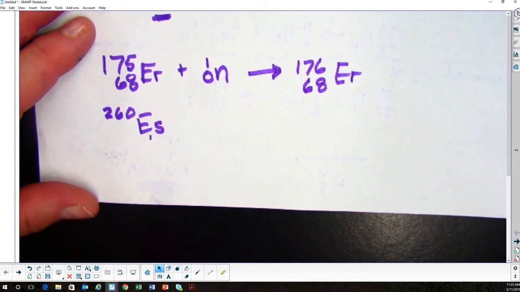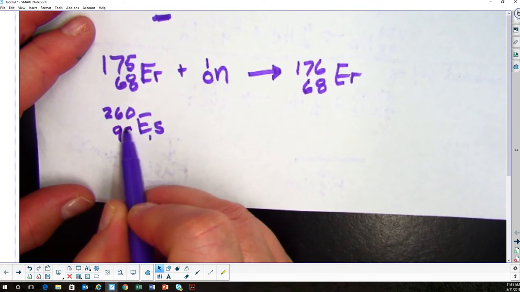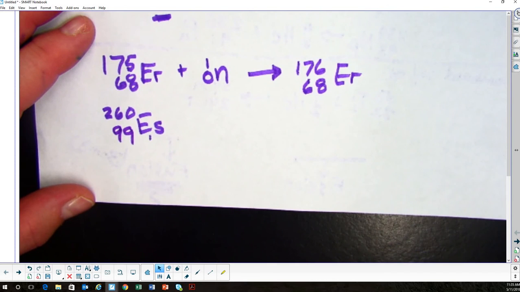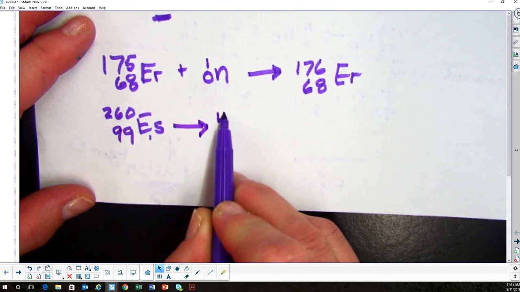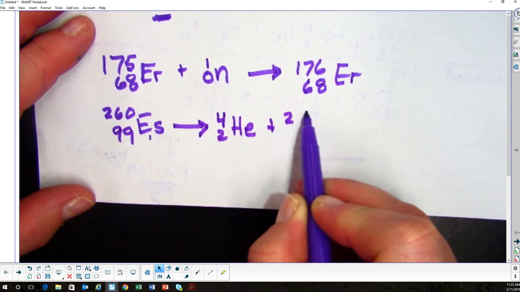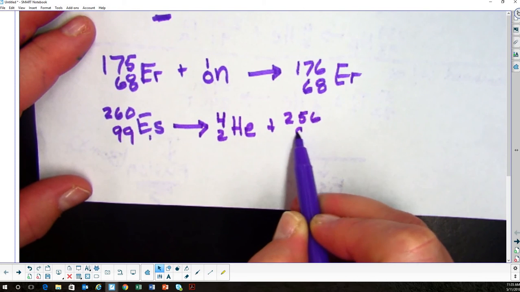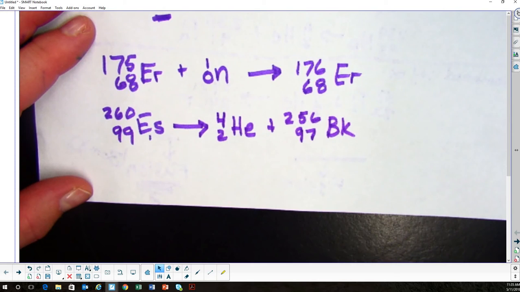Einsteinium's down in the F on the right-hand side, at the bottom of the chart. Okay, how'd we do?